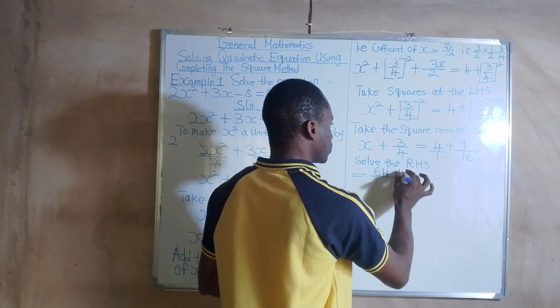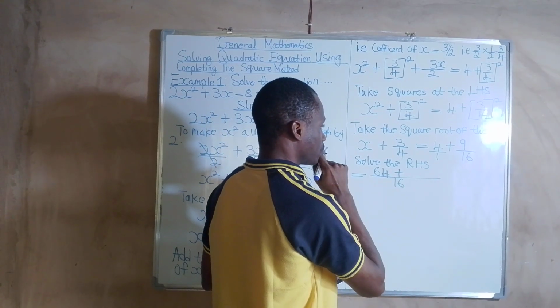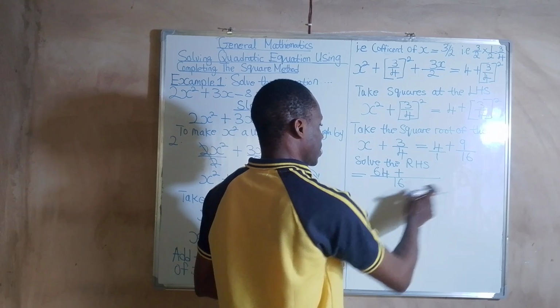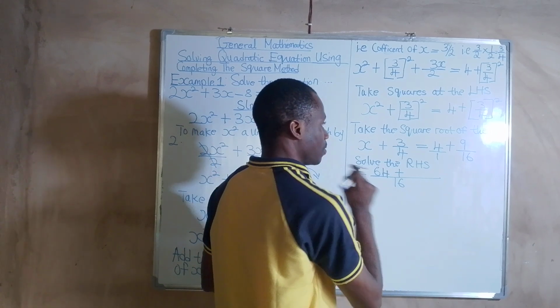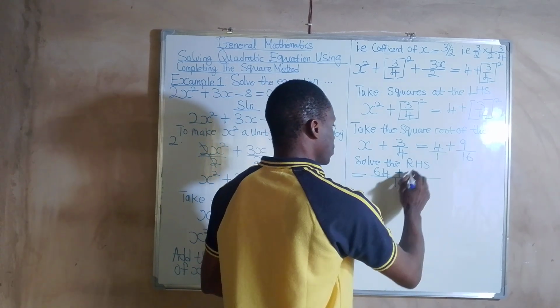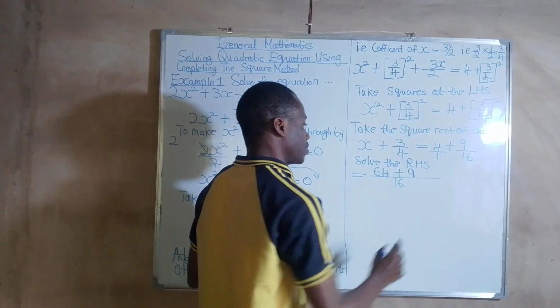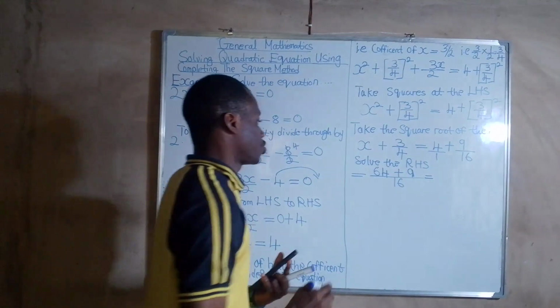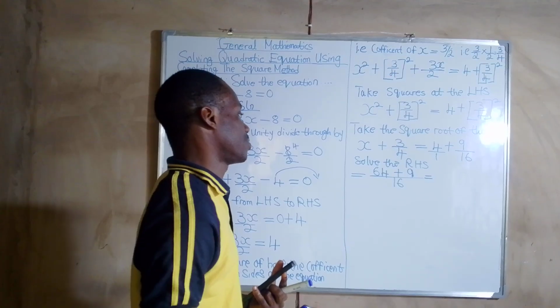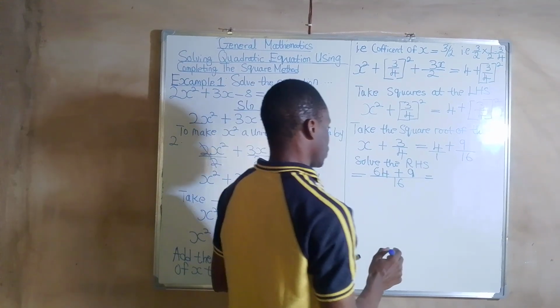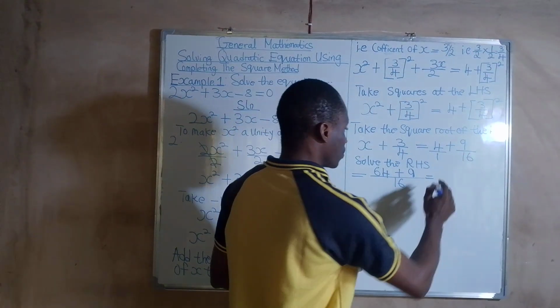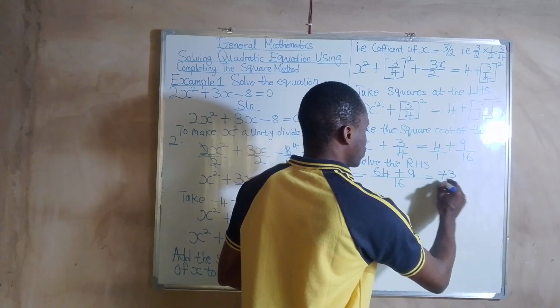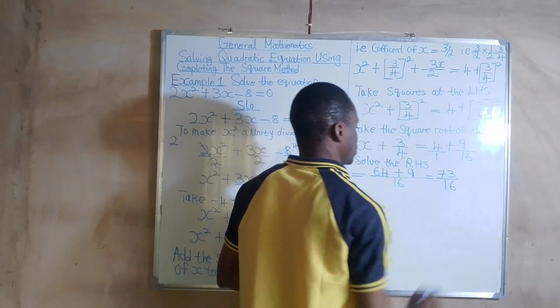Okay. Now, 16 divided by 16 is 1. 1 times 9 will give us 9. Okay. 64 plus 9, that should be 73. Is it 73 or 74? 73. Okay, 73 over 16, right?